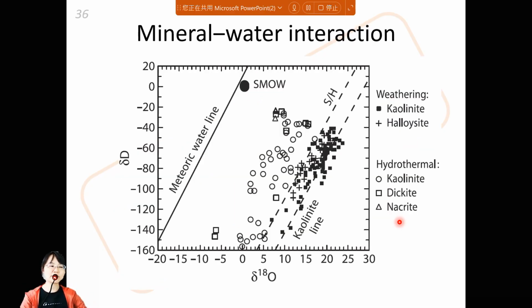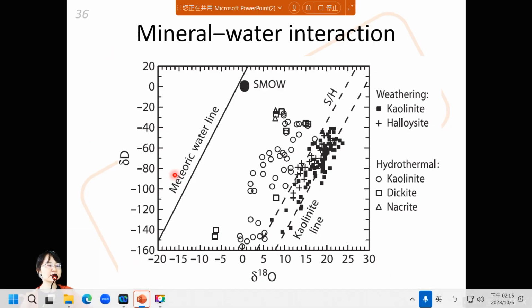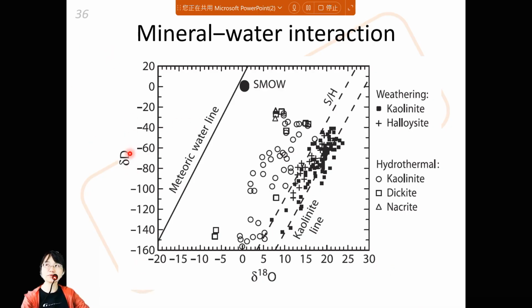When we talk about the meteoric water line, we actually refer to delta 18O on the x-axis and delta D. Delta D means delta 2H. We can also measure the hydrogen isotope of water. And scientists figured out that globally or locally, if you measure the rainwater, you will find that the rainwater will plot on this line.